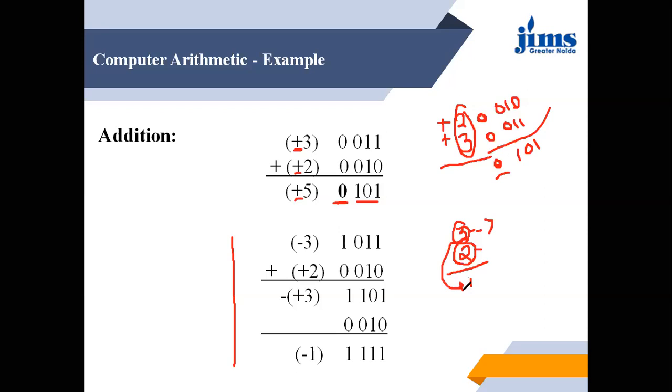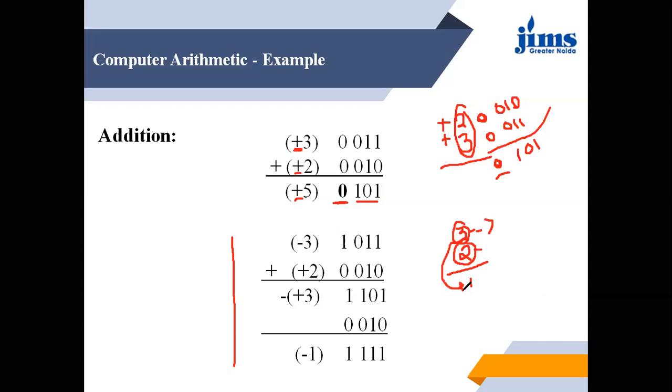If I want to try to solve it by using the ones and twos complement, as we know that everything is going to be performed in the form of addition, that is subtraction also.